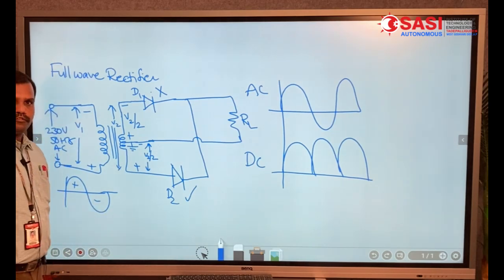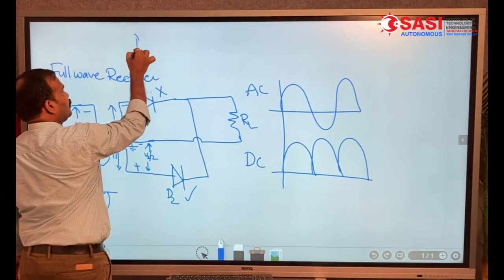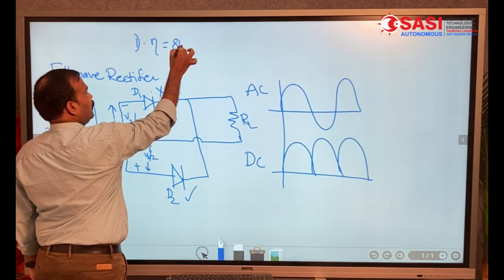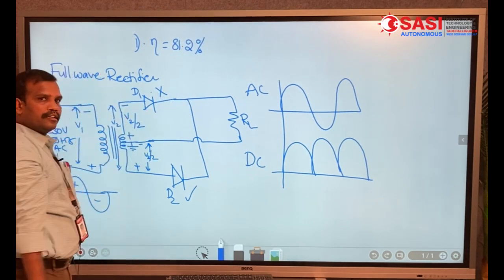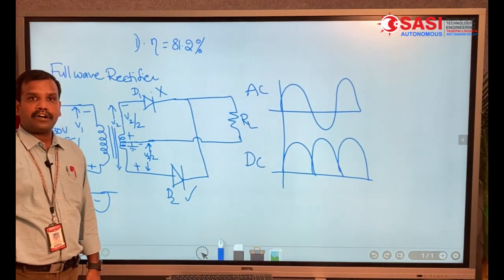Same parameters we will calculate for this full wave rectifier also. Here, the efficiency eta is equal to 81.2%, whereas in the half wave rectifier it is 40.6%. Full wave rectifier 81.2%.